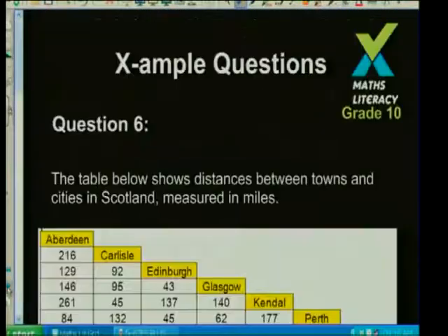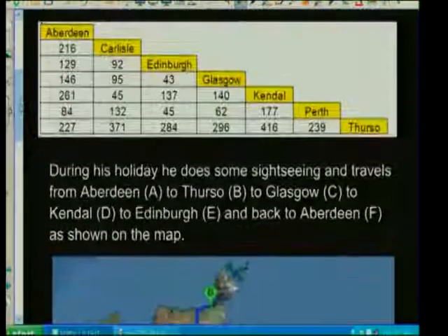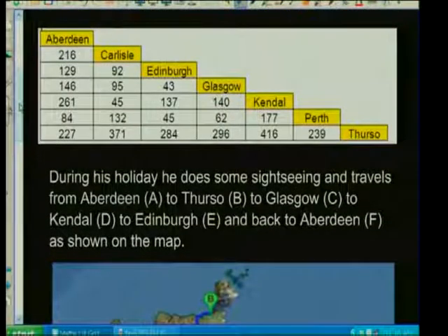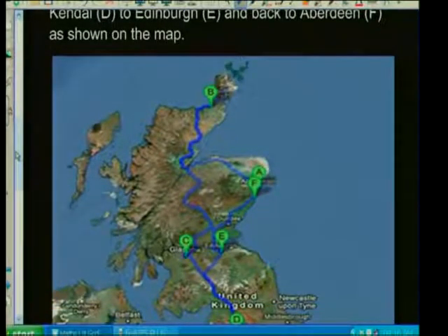Right, let's see what our next part of our question is. During his holiday, he does some sightseeing and travels from Aberdeen to Thurso, to Glasgow, to Kendal, to Edinburgh, and back to Aberdeen. So let's see on the map. He goes all over Scotland. Lucky man.